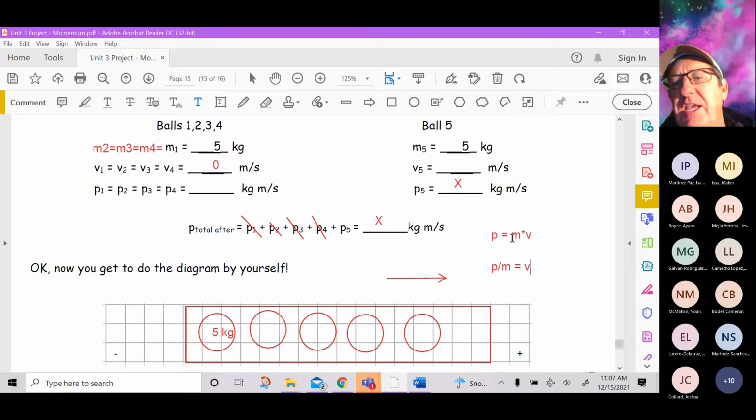This is just algebra. I'm canceling out the mass on this side by dividing it, but that means I have to divide this side by the mass also. So all you have to do now to find this velocity is take this number and divide by M. It should give you the velocity.